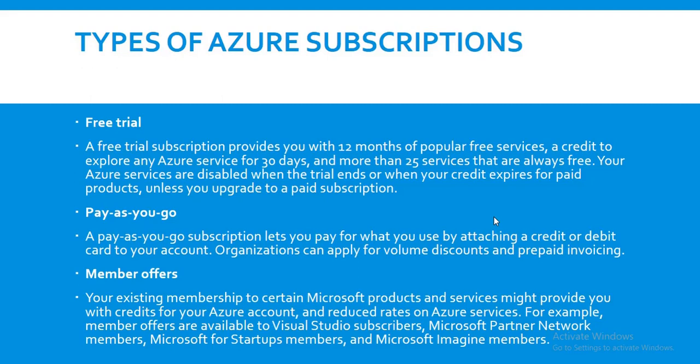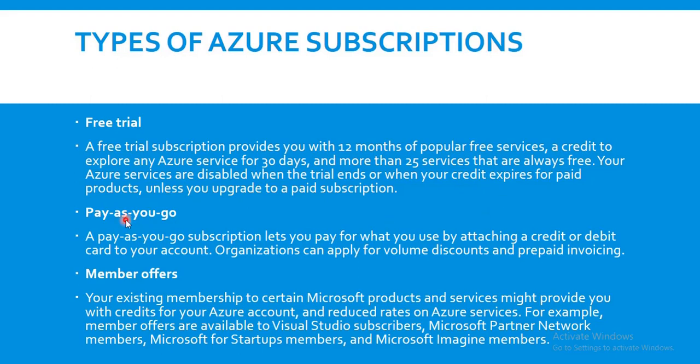If you're a new user to Azure, you can register and start using the Azure services for 12 months, and approximately $200 credit will be given. If you exhaust those $200 within 30 days, then you need to pay for the services. Otherwise, the services will be available for 12 months.